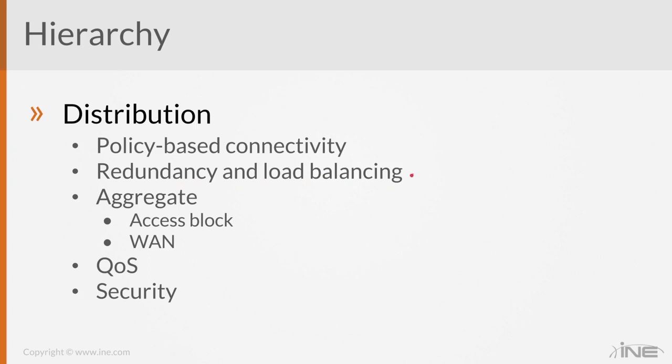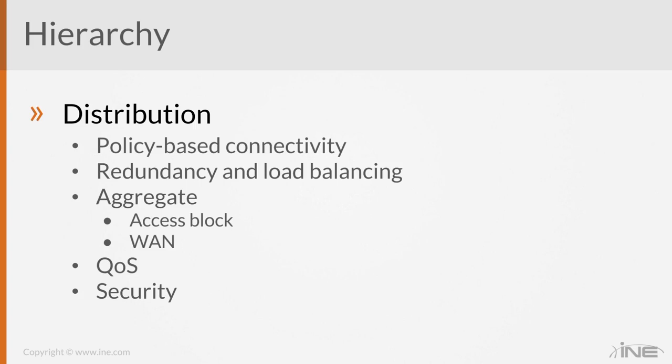Redundancy and load balancing, this would be the place where we do it, at the distribution. Load balancing, we'll see it through some protocols. That's how we'll do it. And redundancy, mainly from your access. So we'll look at redundancy of links.